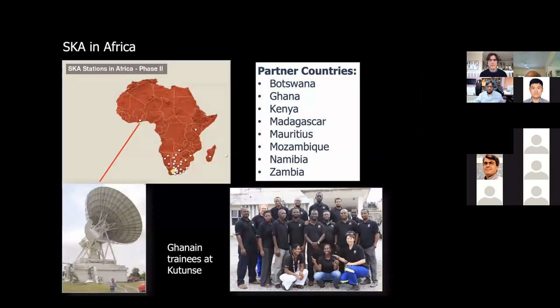And here, just for interest, showing you where an upgrade of SKA in phase 2, a futuristic version of SKA, will extend the dishes into the 8 partner countries. And an old obsolete telecommunications dish in Ghana has already been converted into a radio telescope to help train people in anticipation of this fantastic development.